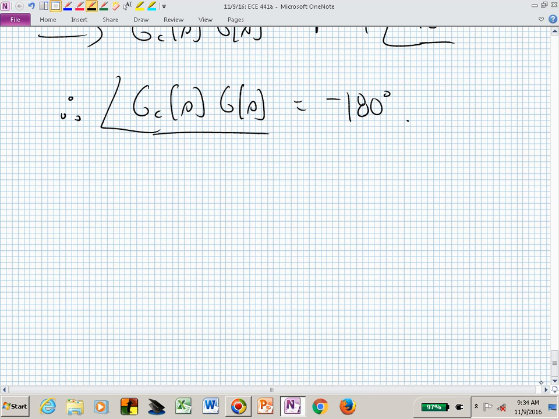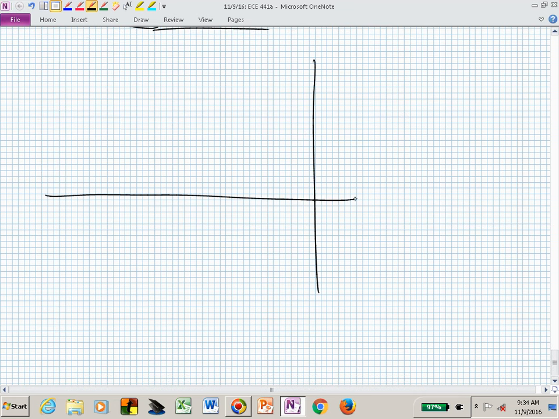And we're going to use that to our advantage in the following way. Let's start sketching what we have. We now have a pole at the origin. We have a zero at minus 1. We have another zero at minus 2. We have open loop poles at minus 1 plus and minus J. And we want our root locus to actually go through, or have branches that go through, minus 2 plus and minus J2.